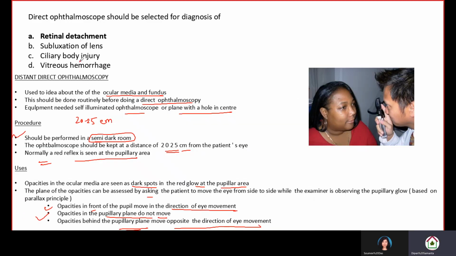Another thing is that distant direct ophthalmoscopy should be done before direct ophthalmoscopy.